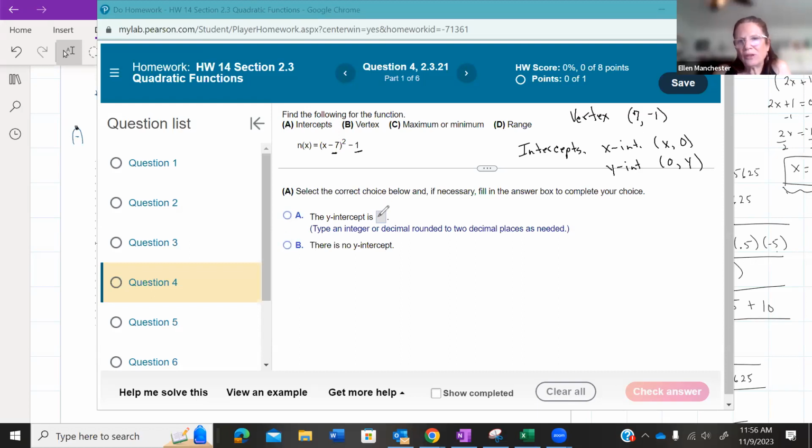So we'll just do it in the same order. It's looking for the Y-intercept. So on this one, I'm replacing the X with 0. So my Y-intercept, I'm going to go (0 - 7) squared minus 1. All I did is I took my X value and I replaced it with 0. So now I can calculate. Negative 7 squared is 49 minus 1. So my Y-intercept is at 48.